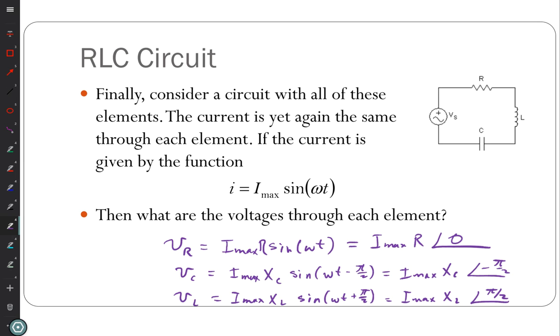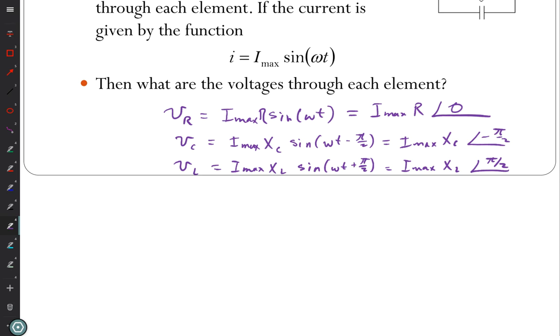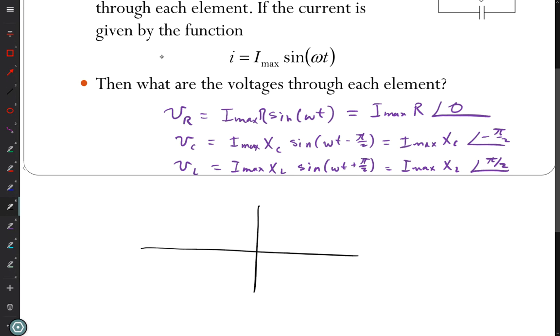And now that we have these, if we want to find the total voltage, we're going to have to add these up as vectors. So I make my little grid here, and here's going to be the resistive part.